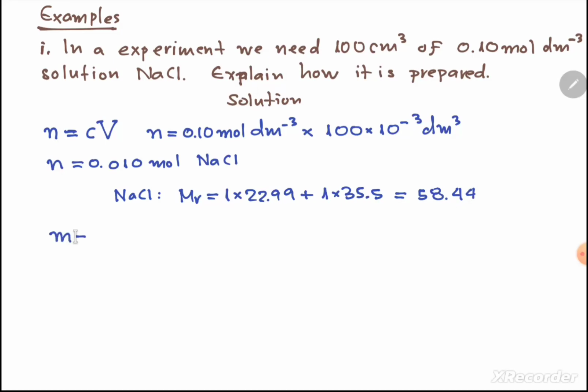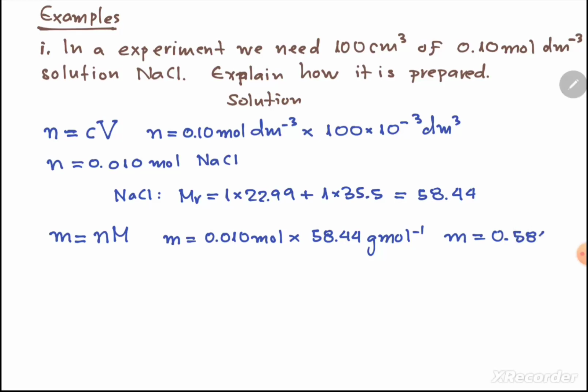So the mass of solute is the number of mole times the molar mass, and we have 0.5844 grams.